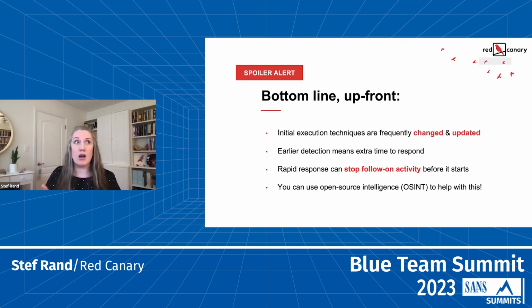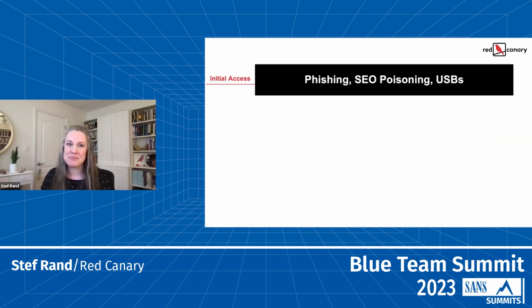And so we're going to talk a little bit about that today, about using open source intelligence to help you keep up to date with the latest changes. And some of the examples I have for you today are opportunities for detecting these initial execution techniques and what we can do with that, how we can maximize that for better detection.